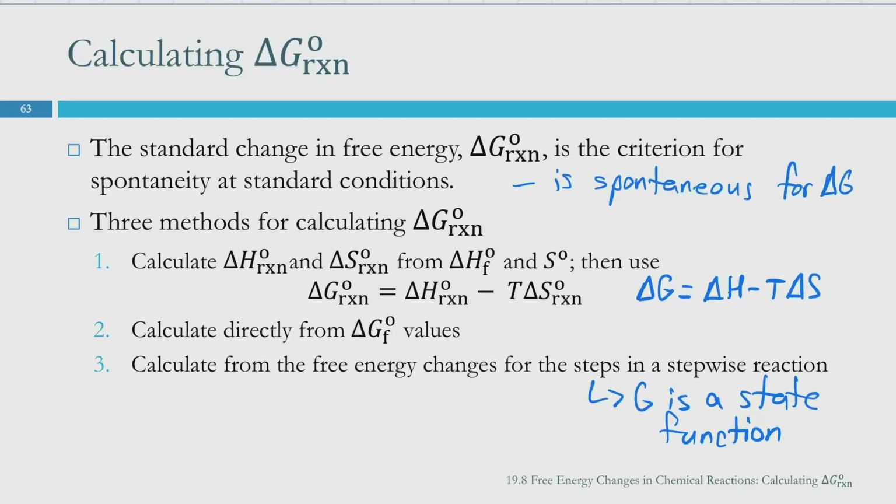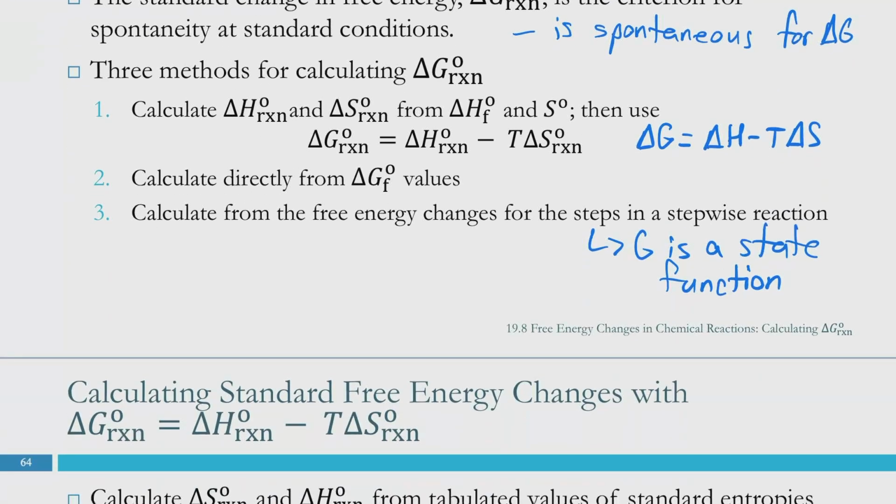So it doesn't matter how many steps you take to get there, all that matters is where you started and where you ended. That's why we can do it with a stepwise reaction. Even if we went over or under at any point, it doesn't matter. So these are three methods that we can use.